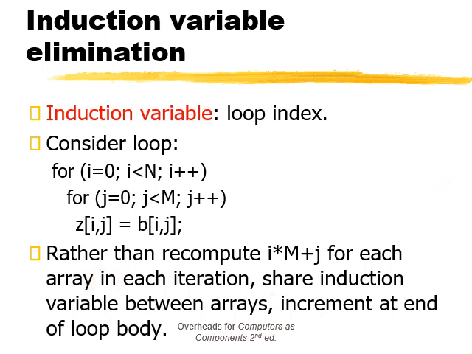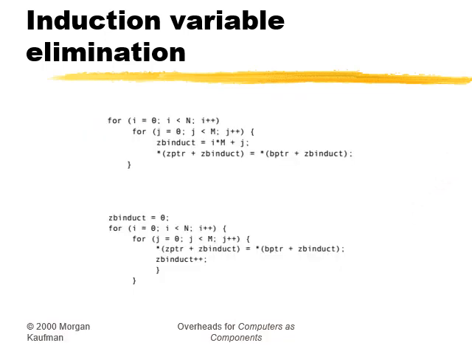So let's take an example. In the above code, zptr and bptr are the pointers to the head of the z and b arrays. Whereas zbind is the shared induction variable.